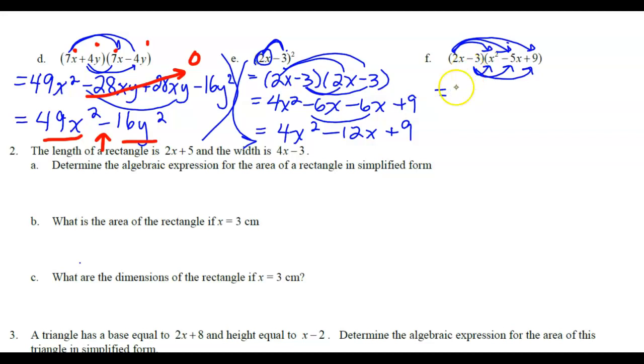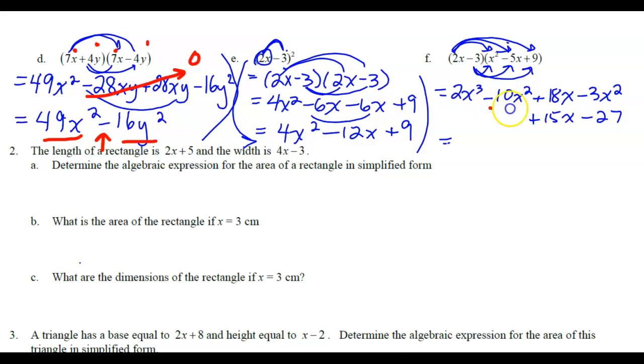So in this case, that'll be 2x cubed minus 10x squared plus 18x minus 3x squared plus 15x minus 27. I ran out of space, so I just put it underneath. Now there's a few like terms. So there's x squared terms and there's x terms.